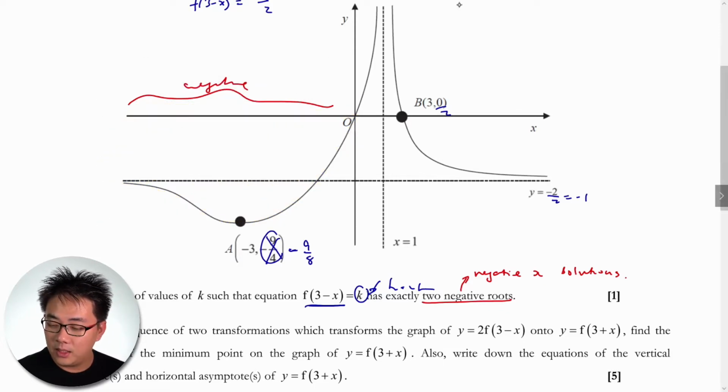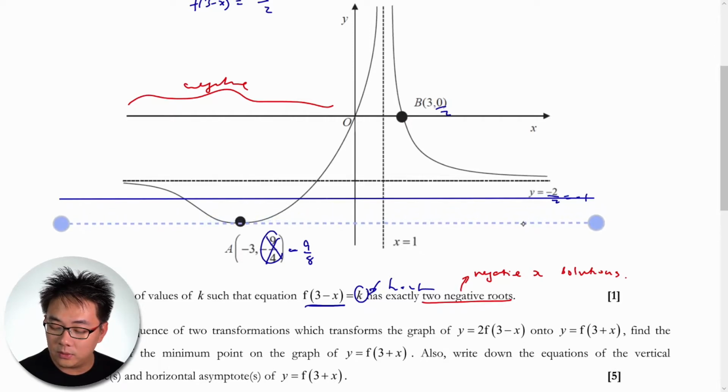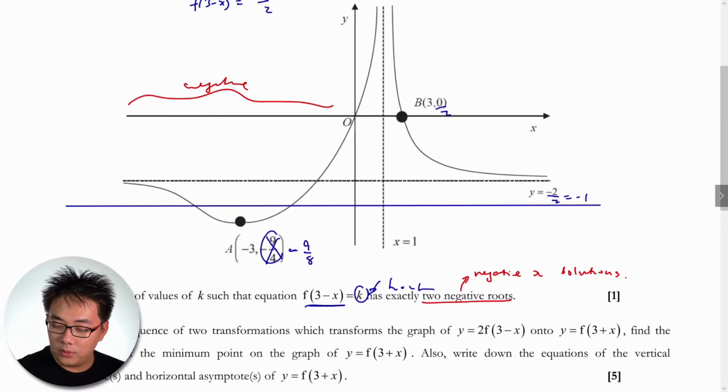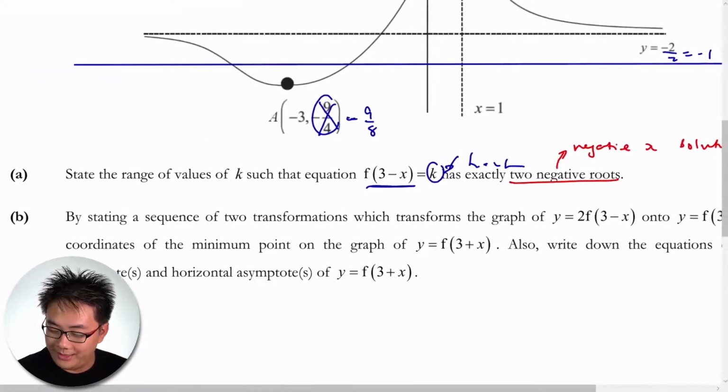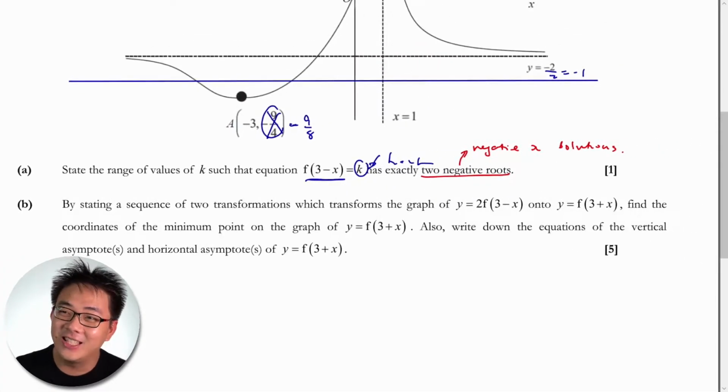So anyway, the range for the two negative roots will be this region here, and exactly two. So k can't equal minus 9 over 8, because this will be exactly one. So basically what you need to do is this is a B1 mark. B1 mark just means there's no working mark required.